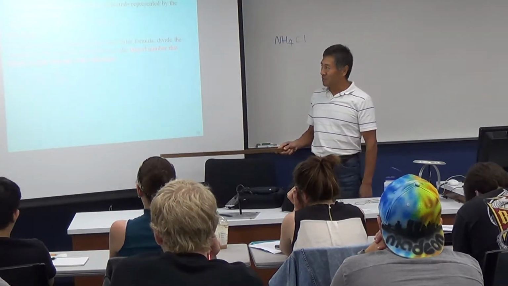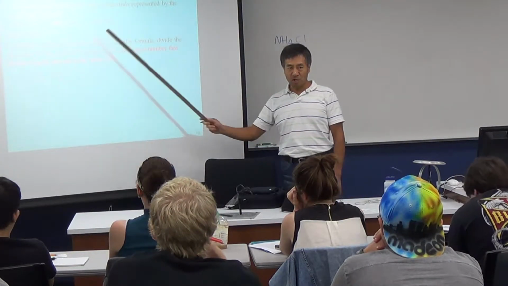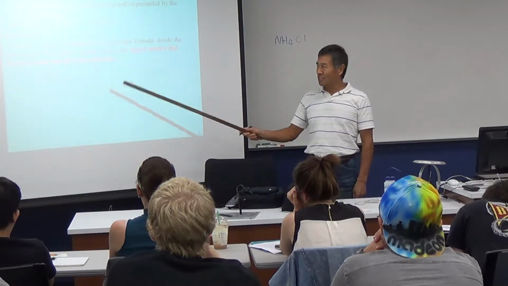It's very interesting. So right now we have this B2H6, a molecular formula. For each one of these, we have 2 boron and 6 H.